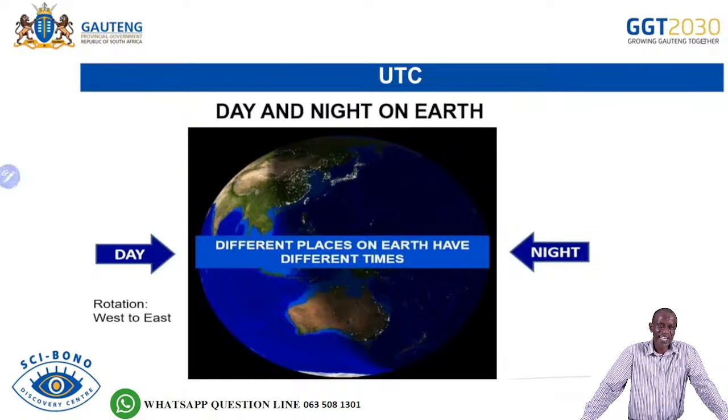So when it is daylight in some regions of the world, it is night in other regions. So the picture projected here demonstrates the difference between day and night as the Earth rotates over a period of 24 hours.